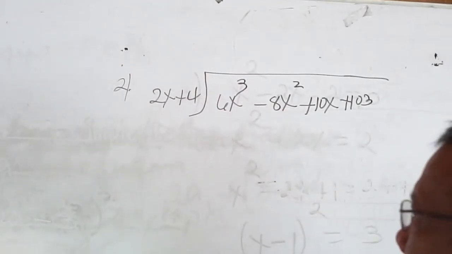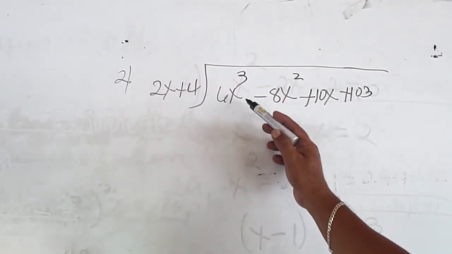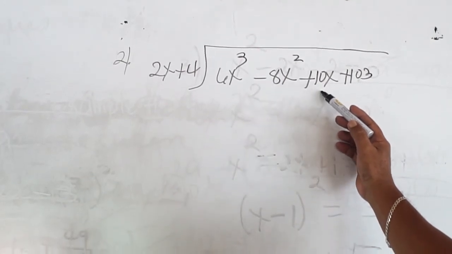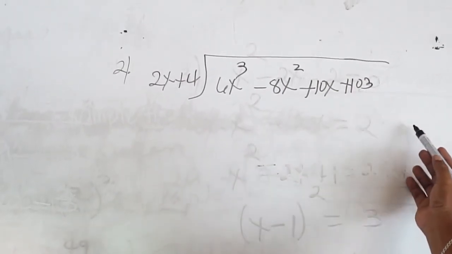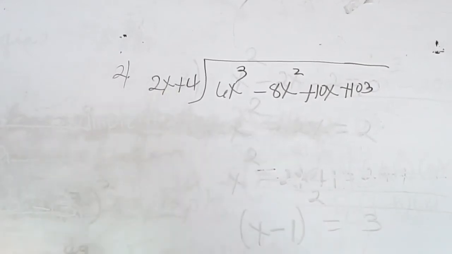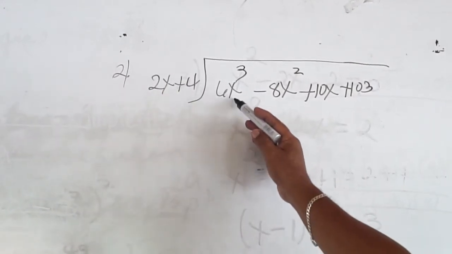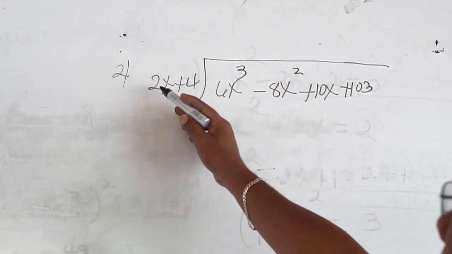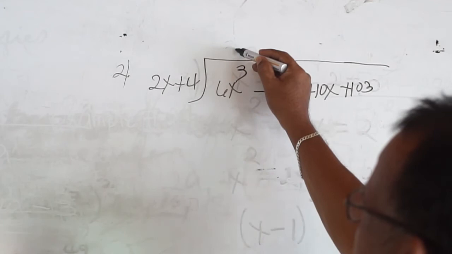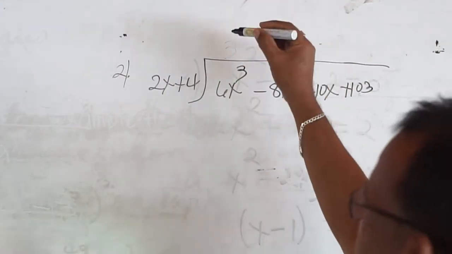Okay, example number 2. 6x cubed, negative 8x squared, positive 10x, positive 103. Divide it by 2x, positive 4. Then solve. 6x cubed divided by 2x, so the quotient is 3x squared.